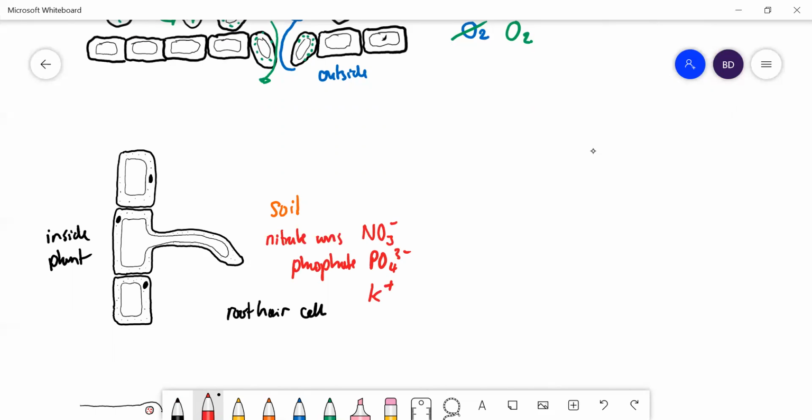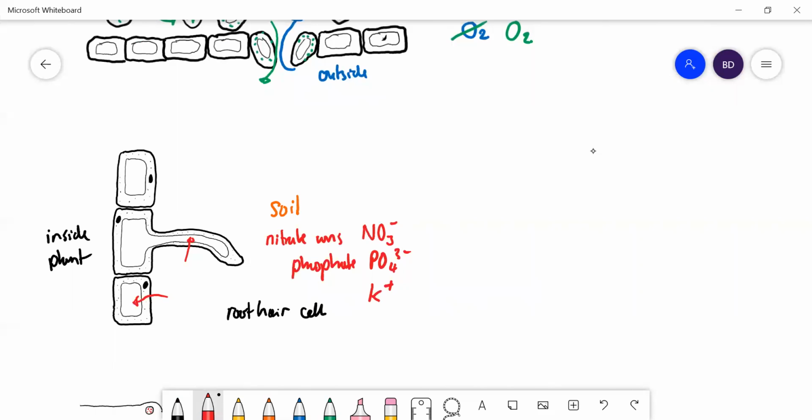Now they can diffuse in at first down the concentration gradient, but when the plant's taken some in, then you're going to have a higher concentration of nitrate inside the cells, and more phosphate and more potassium inside the cells.